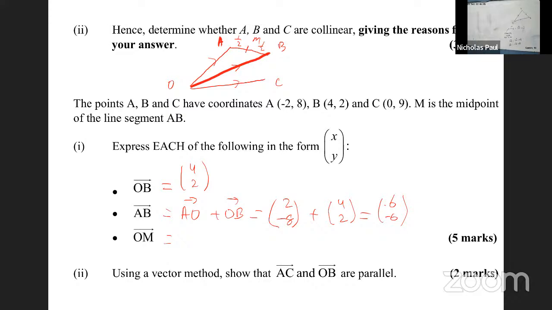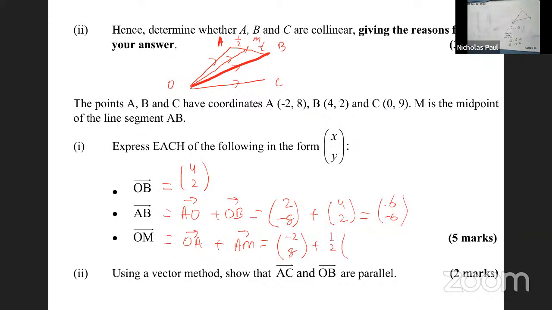All right, nice. O to M. So I'll join a line. I'll draw that in. The diagram is a little small, right? But O to M is here to here. So O to M is equal to O to A plus A to M. O to A is -2, 8. And AM is 1/2.